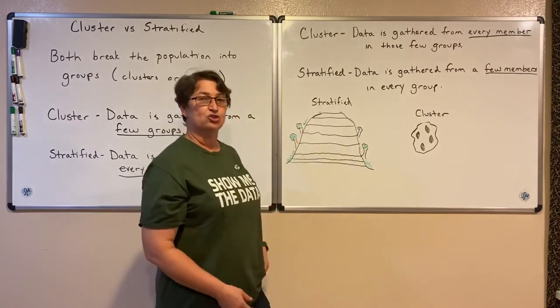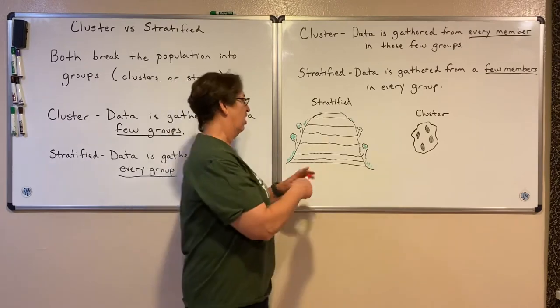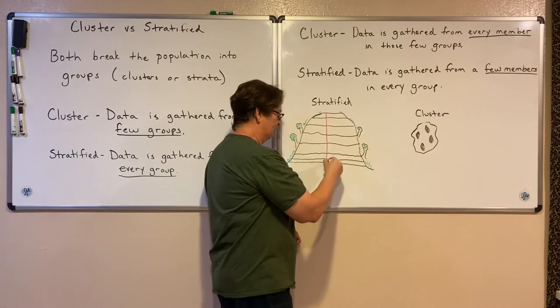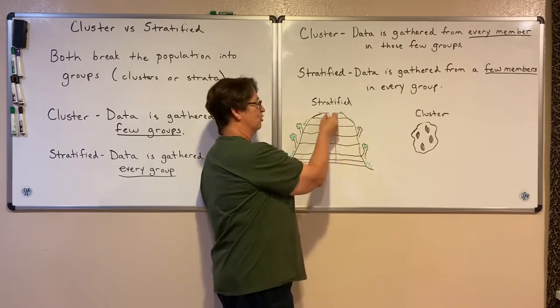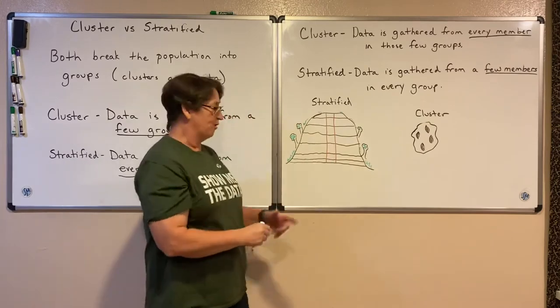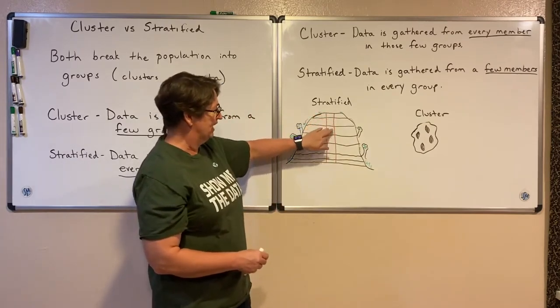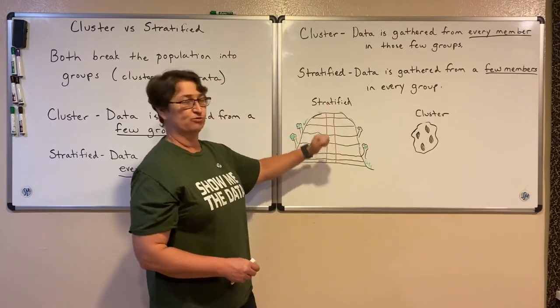And the way I picture it is that some drill comes along and collects from the top all the way down, collects a portion, a sample of that data from every single one of those strata. So we're going to get a little bit of dirt from every single one of those groups.